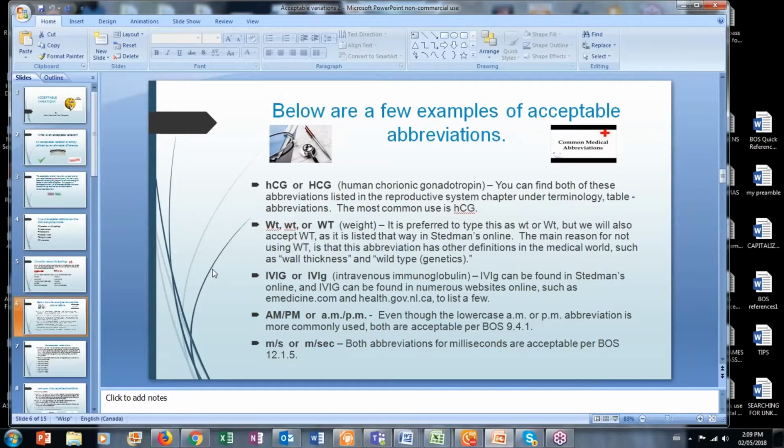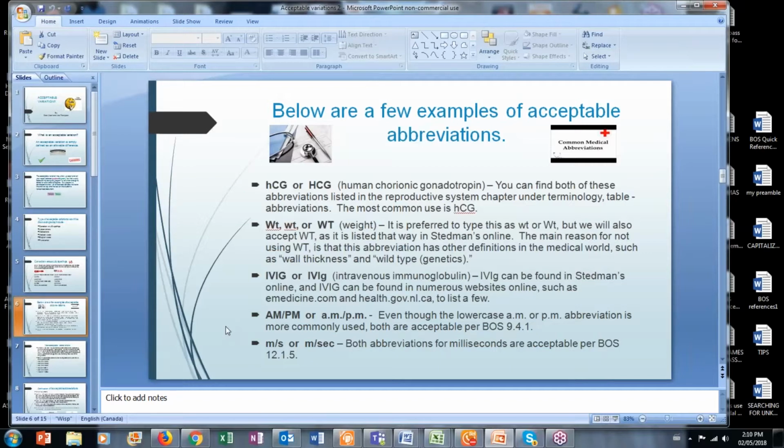There's more as well. Another thing you come across a lot is the AM, PM. If you're going to go uppercase on it, that is fine, but make sure you don't use periods, okay? Periods are only for the lowercase, a.m. and p.m. So if you put uppercase A period, uppercase M period, that would be incorrect.